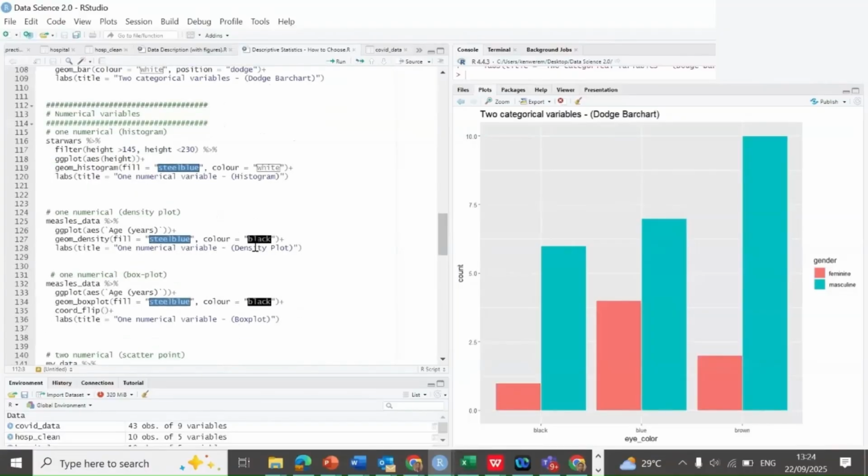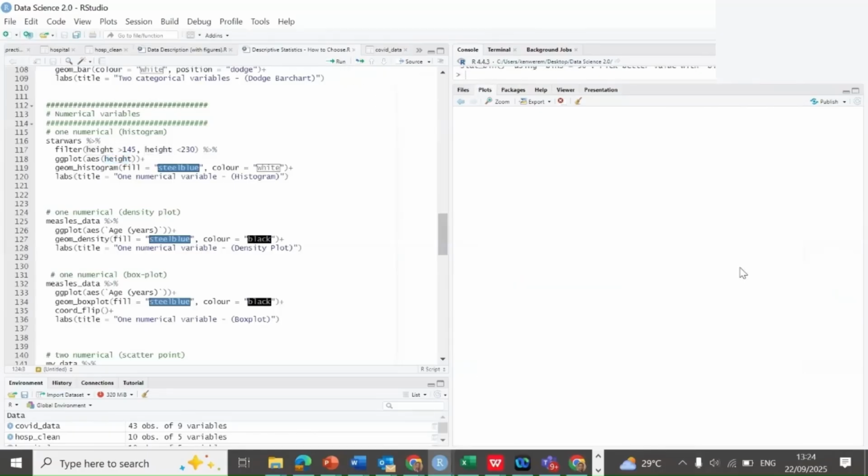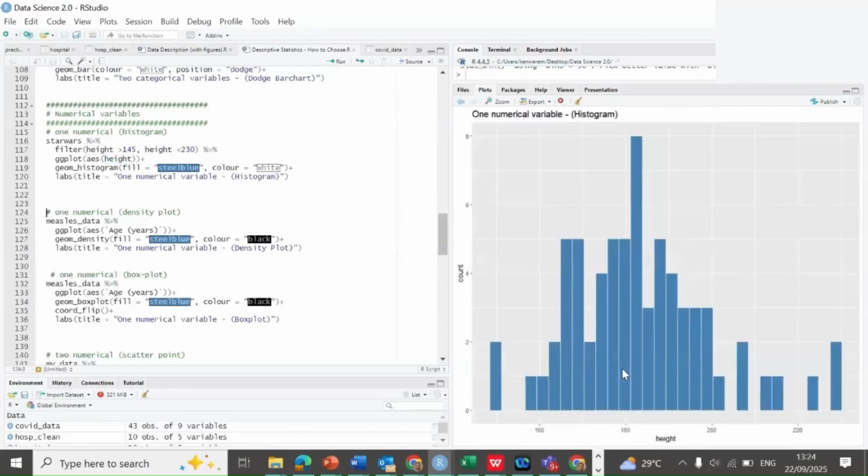Remember we mentioned a single numerical variable can be described with either a histogram, a density plot, or a box plot. So we'll see how we use a histogram to describe the height variable. The height is a numerical variable. So let's look at how we use a histogram to describe it. So this is a histogram of height. A histogram consists of bins that are joined to each other.